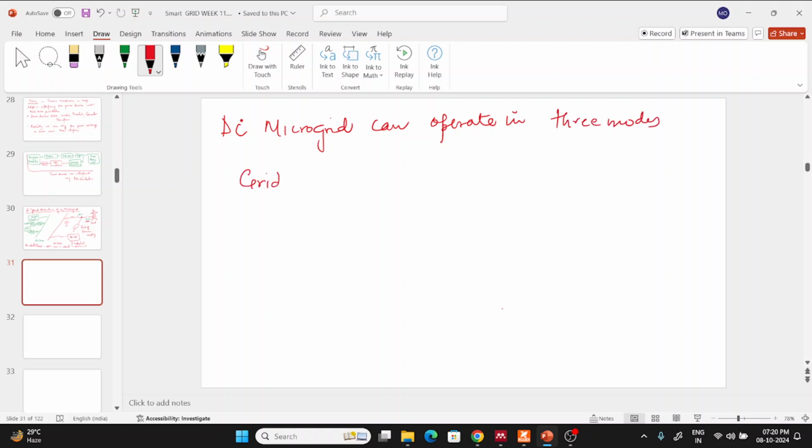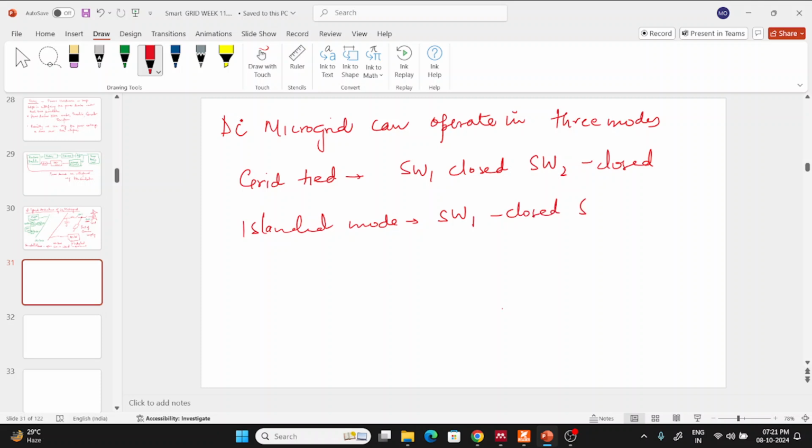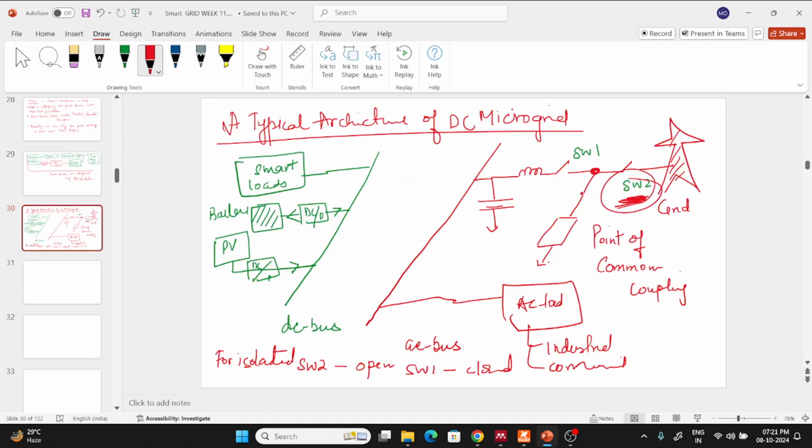First mode is grid tied. In a grid tied mode, switch S1 must be closed and S2 must also be closed. Okay. Then comes the islanded mode. Islanded mode. Okay. In an islanded mode, S1 must be closed and S2 open, like here. S2 must be open.